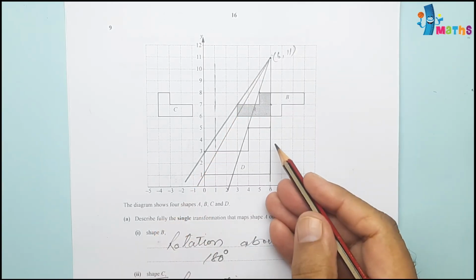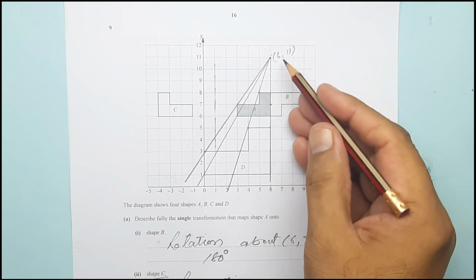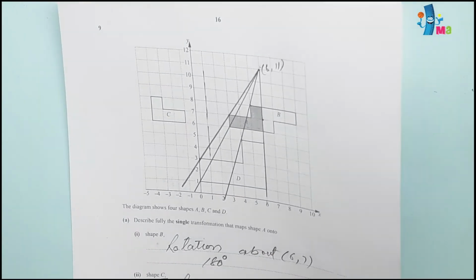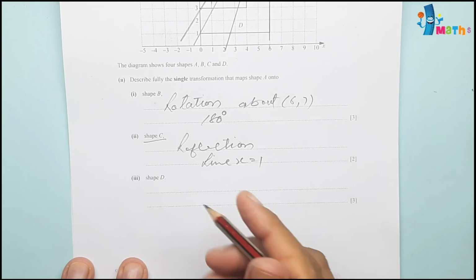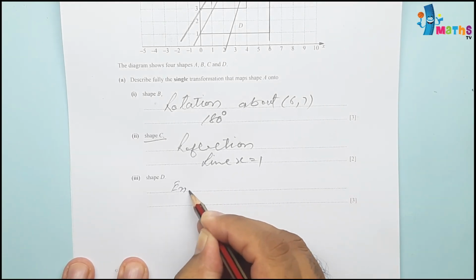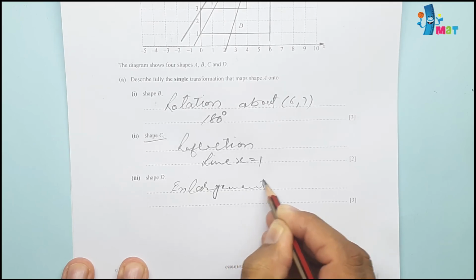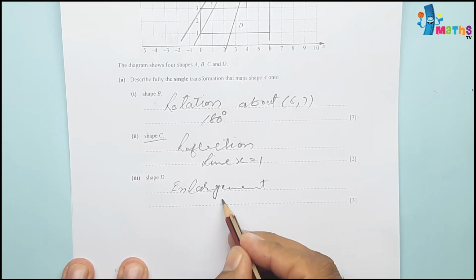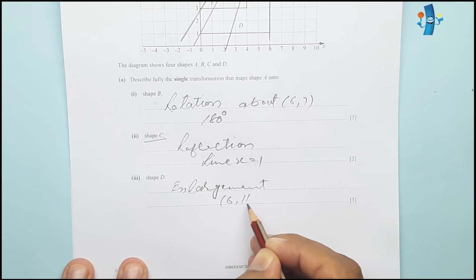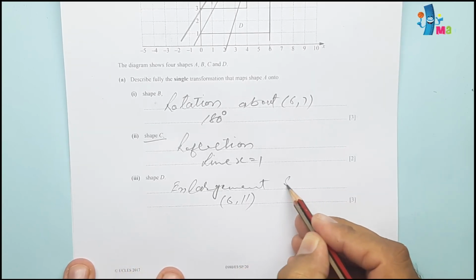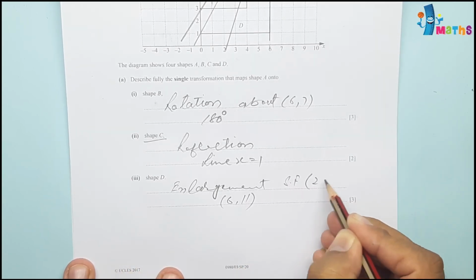So we have drawn all 4 lines, and the point is this one. So we can write here, this is an enlargement of 6 and 11, and scale factor will be 2.